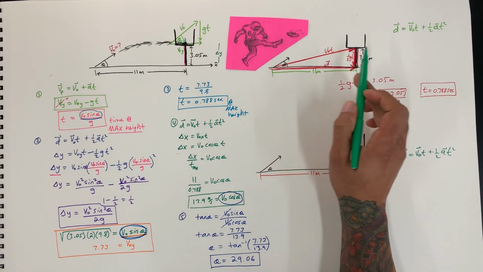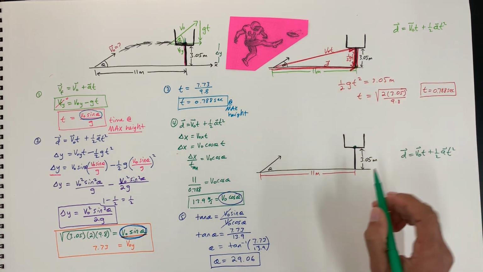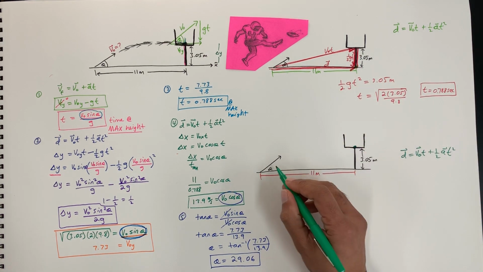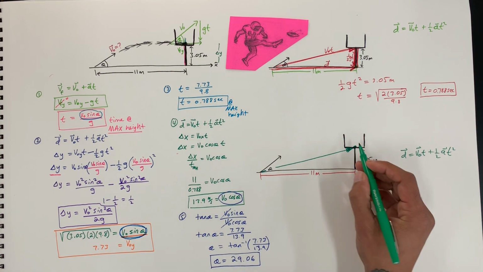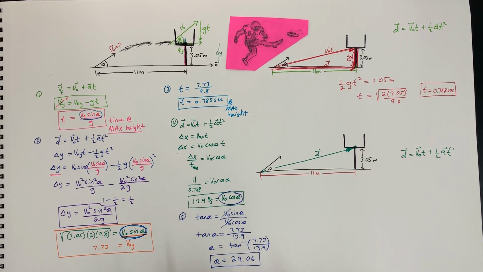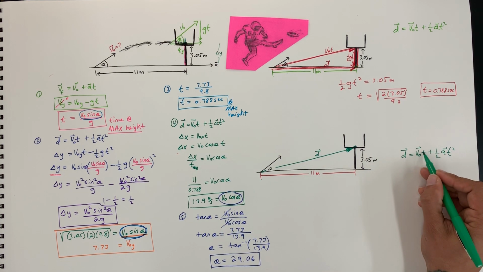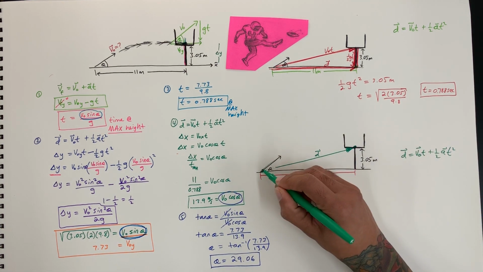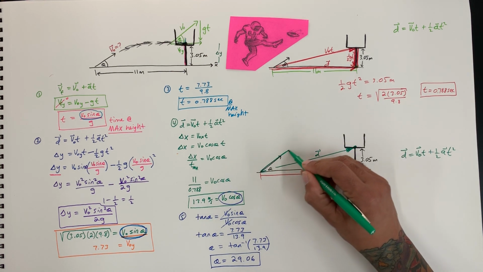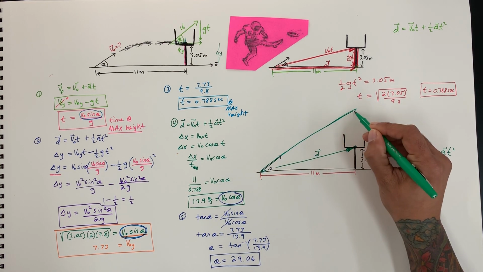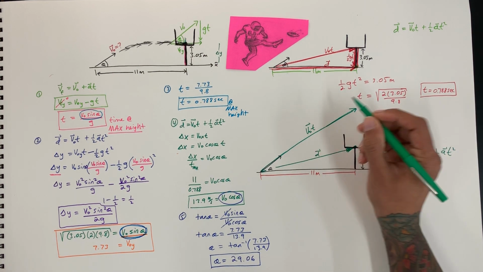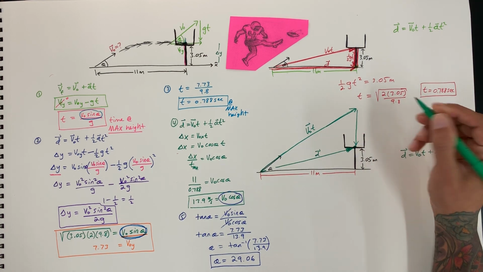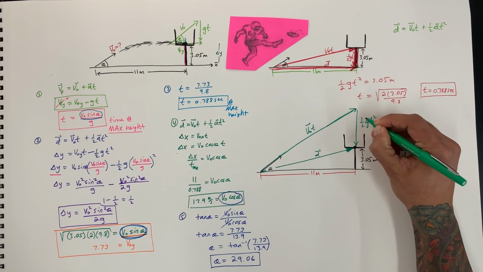Right here I didn't need to because I just wanted to make these sides equal, but here I'm gonna need to. So my displacement vector, the first one, is gonna go towards the area of interest, my final position, which is going to be at the top of the goalpost, and then velocity initial t, right, always follows the initial velocity vector and goes directly above the final position. So velocity initial t, and can't forget that gravity vector is always going downward.